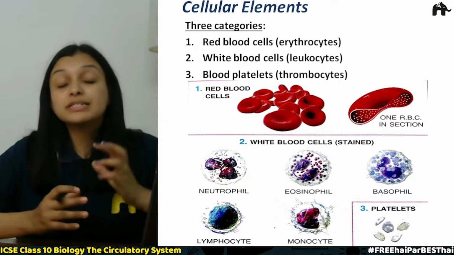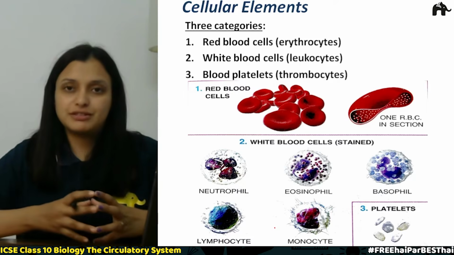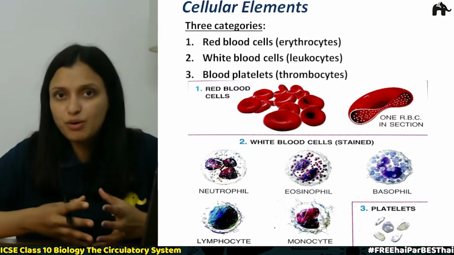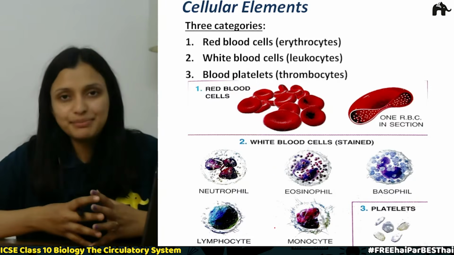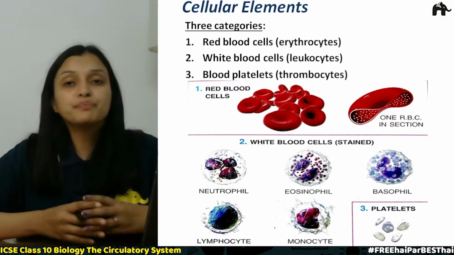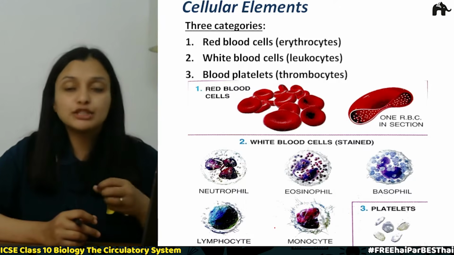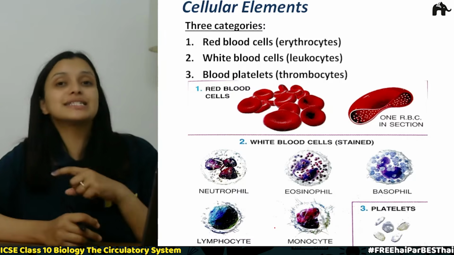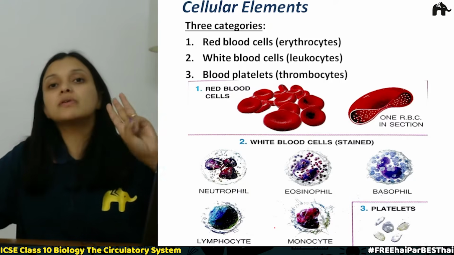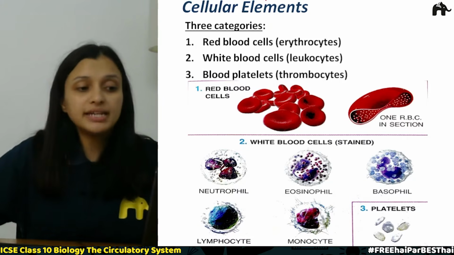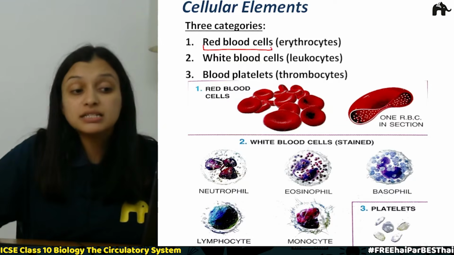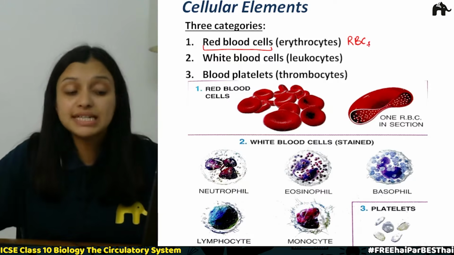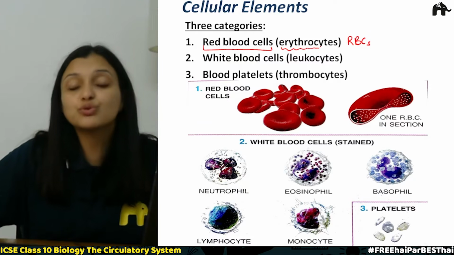Now talking about the second part of blood, that is the cellular elements or the cellular components or the formed elements of our blood. They are not the fluid part, they are the non-fluid parts, right? Those are the cells which are present inside our blood. You will see 3 major categories. One is RBCs, the red blood cells, which are also called erythrocytes.